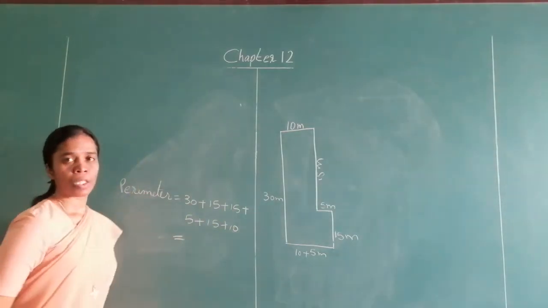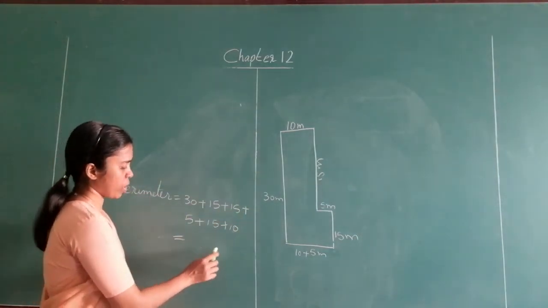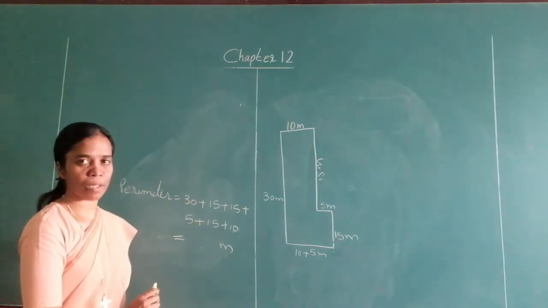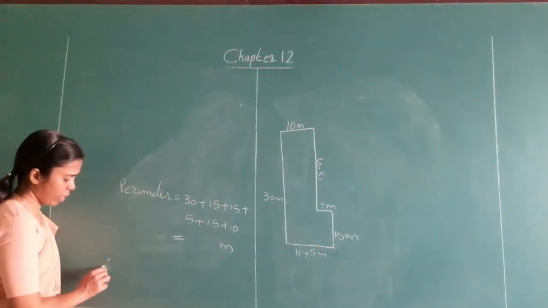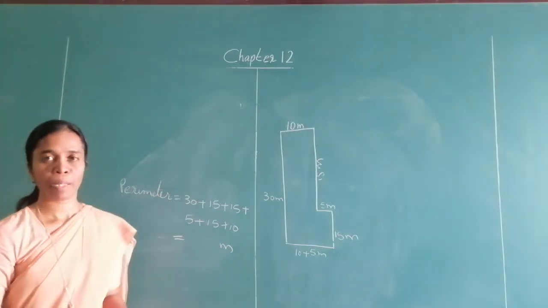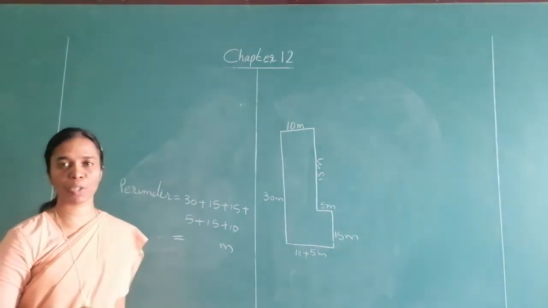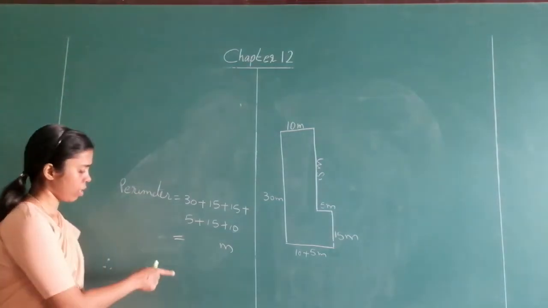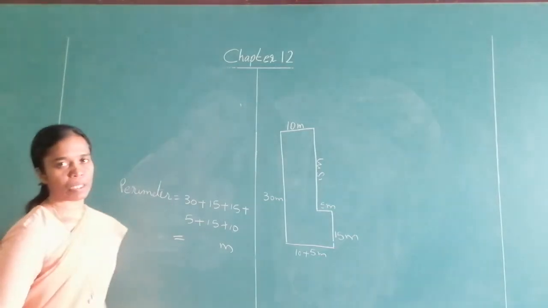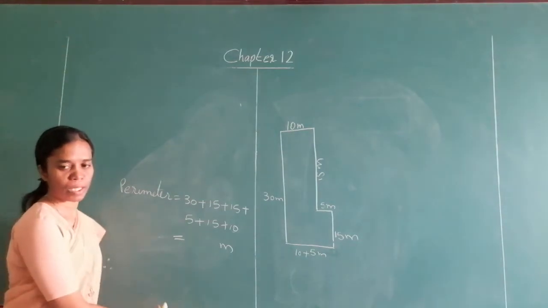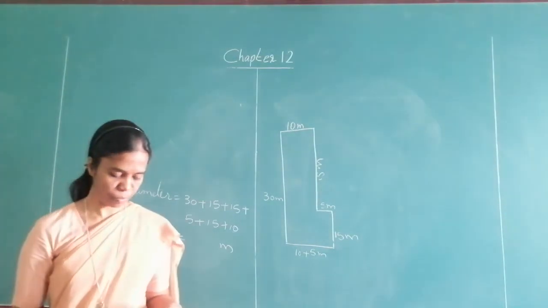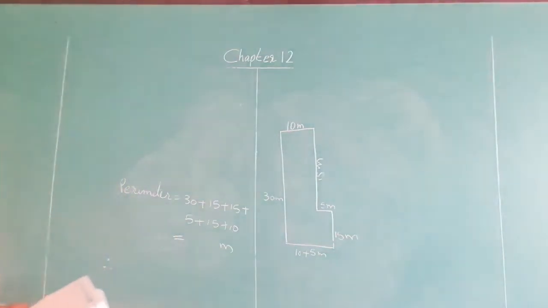Now you add all this, how much ever you get, write it as meter. Therefore, write the concluding statement. Therefore, perimeter of the given figure is so many meter. Whatever you get the value over here, write that in meter. Okay.